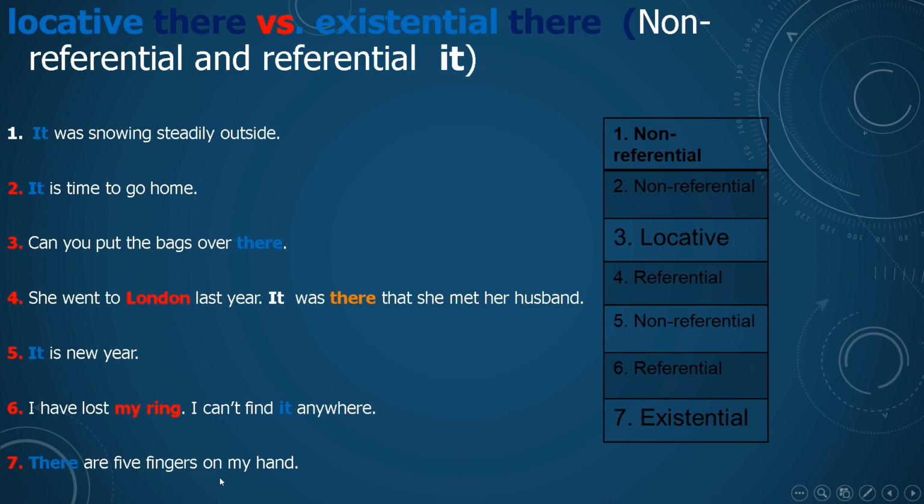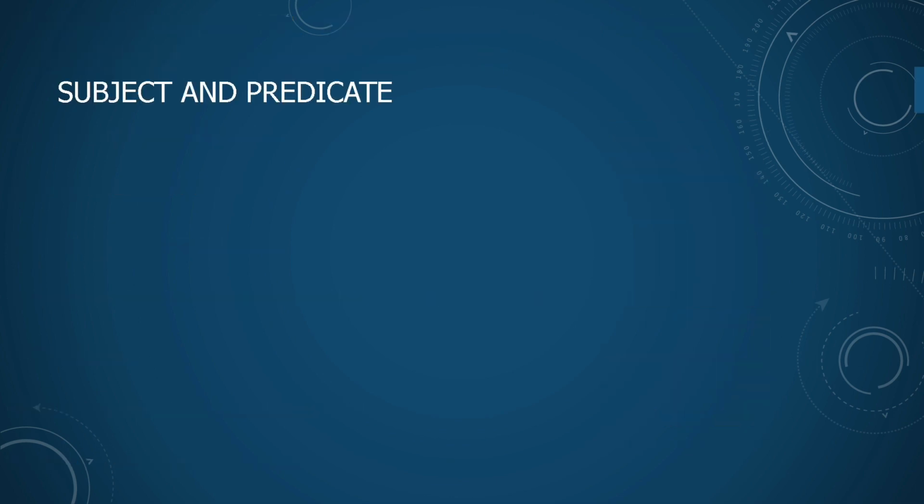It doesn't refer to any location, so that's why the seventh example is an existential there. It is not referential. So just to remind you of the previous lecture, here we have an exercise. Identify the subjects and the predicates below.